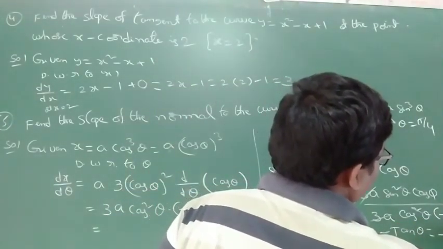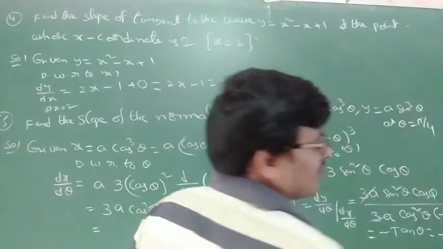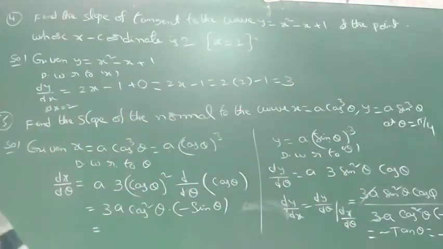So minus tan 45 degrees, that is equal to minus 1.